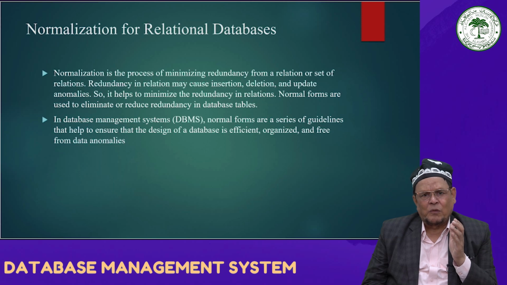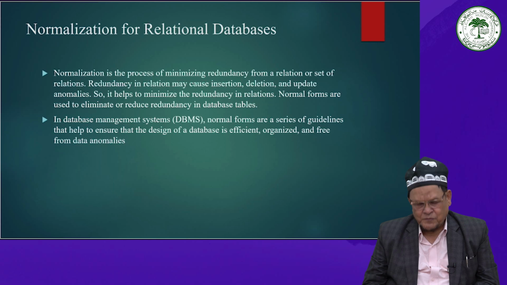They are insertion anomaly, deletion anomaly, and updation anomaly. There are several levels of normalization, each with its own set of guidelines known as normal forms.